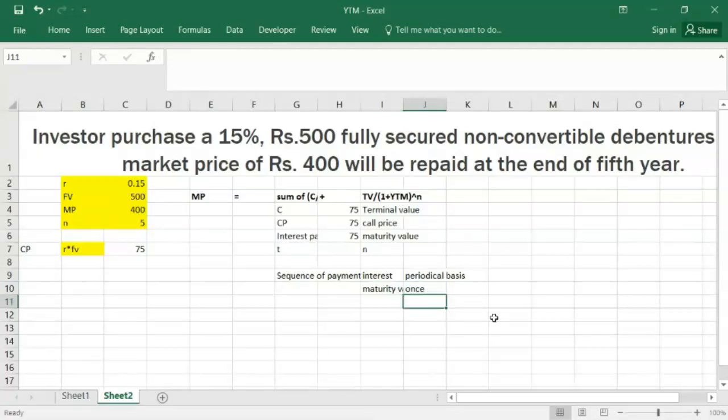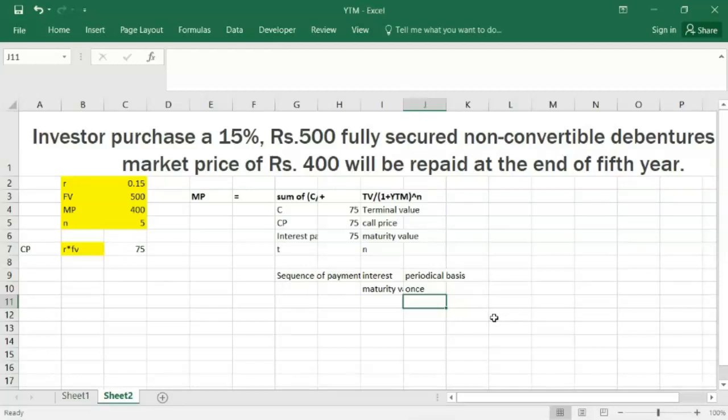So why I'm saying this is that you need to know what type of calculation or formula can be used for this purpose. For the reason I have mentioned here, interest is received on a periodical basis, whereas the maturity benefit I get at least once during the investment.